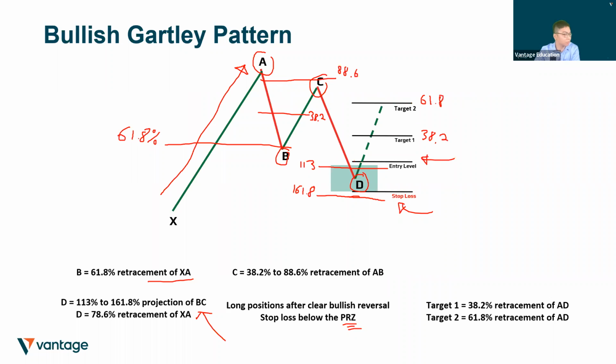Let me get an eraser. Let's clear this out. Okay, so yeah, please screenshot this down before you continue. So I'll write this down. What is PRZ? It means potential reversal zone.